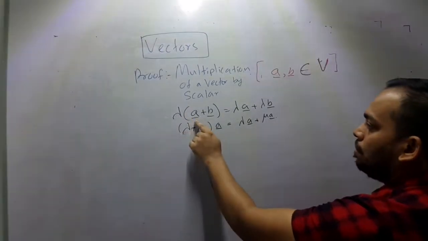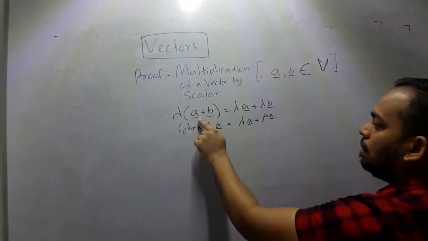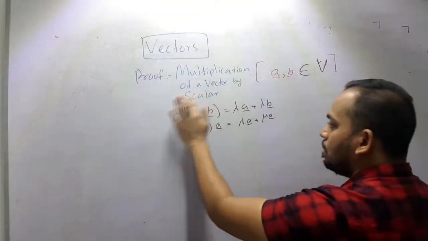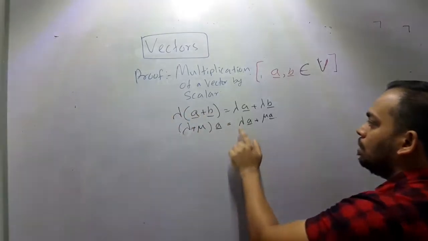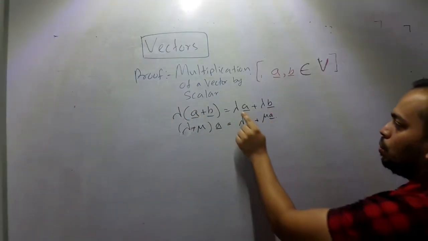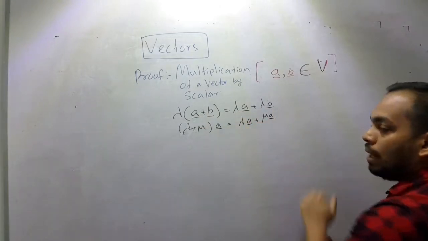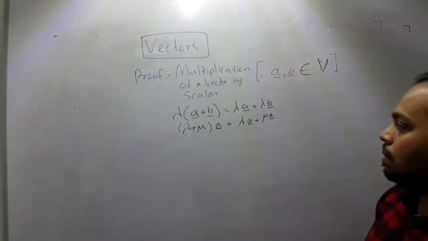So that's the thing. And then we discussed these properties under that. A scalar multiplying an addition of two vectors: this side is equal to this side. You multiply each vector by the scalar, then you add them. So it is equal.